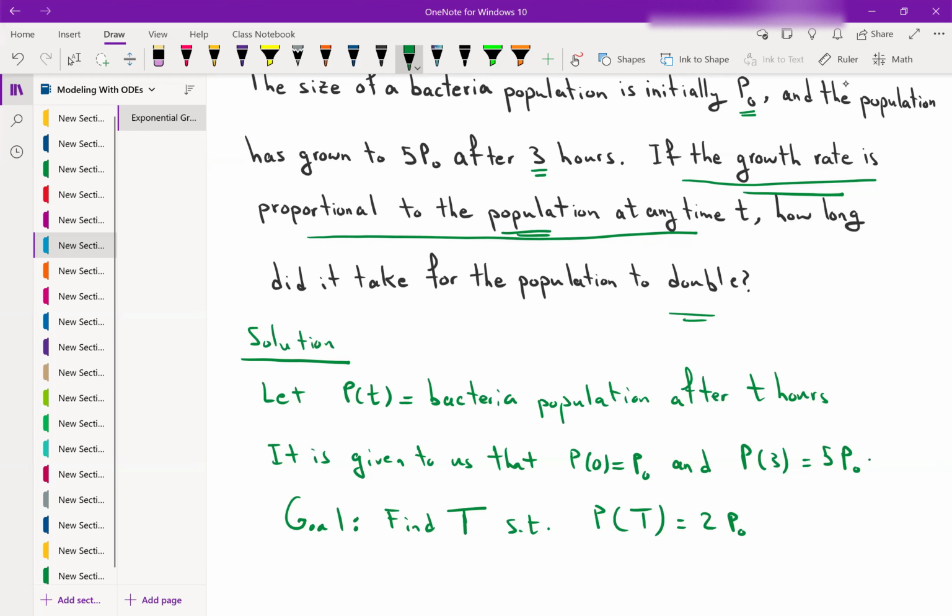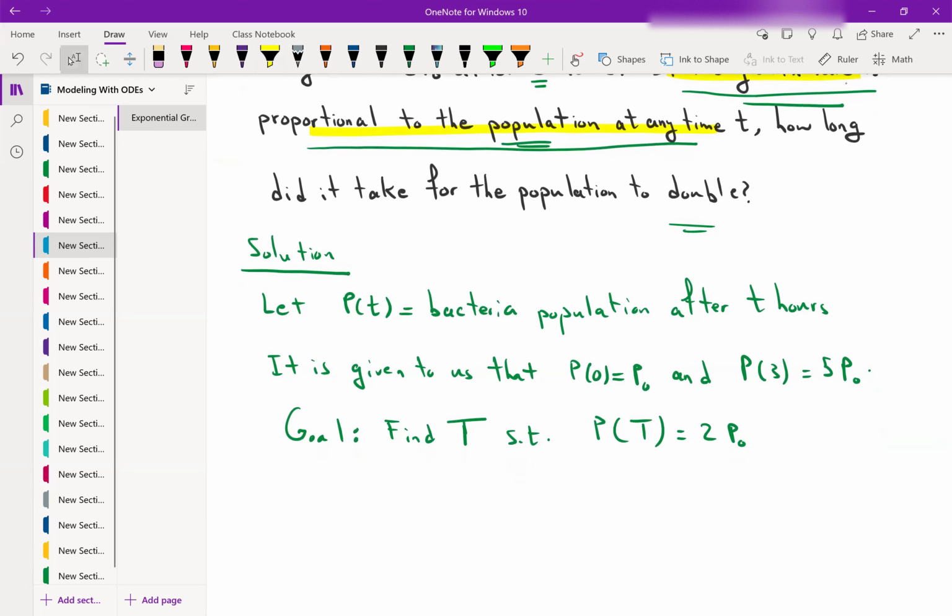So here what the statement of the problem says is that the observation shows that the rate of change, the derivative with respect to time, is proportional to the current value of the population. So this statement immediately tells us the differential equation that governs this P of t. So let me write this down.